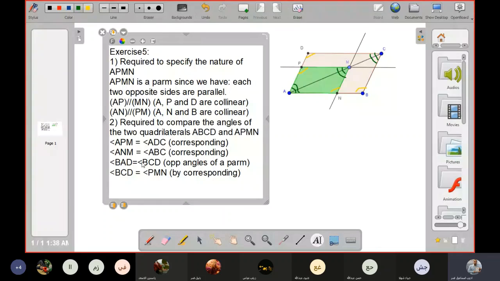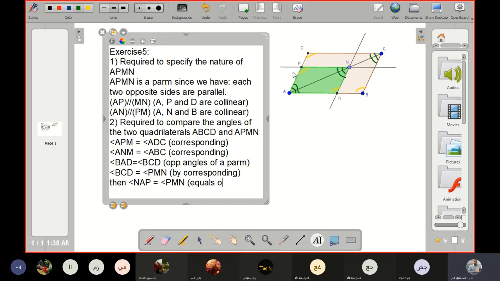So look at here. We have the angle BCD is equal to BAD, and the angle BCD is equal to angle PMN. Then angle BAD, which is NAP, is equal to angle PMN. What's the reason?